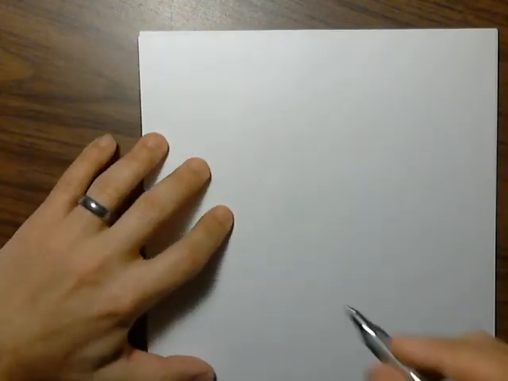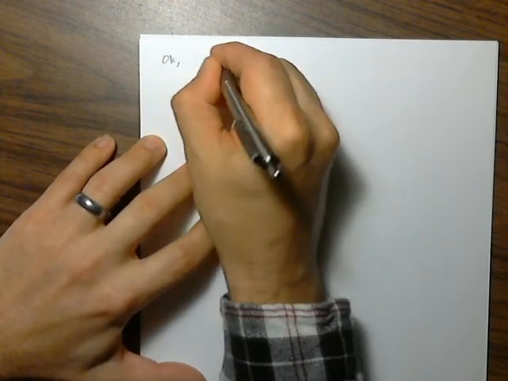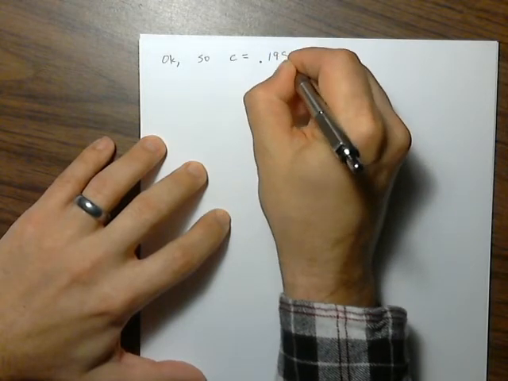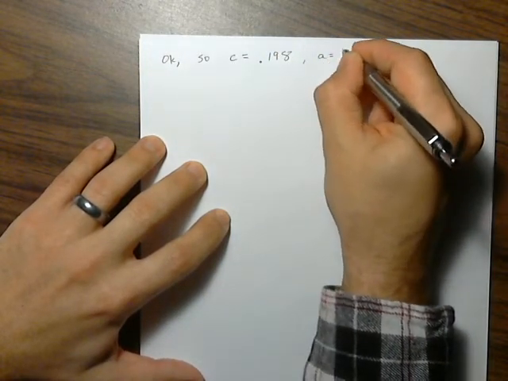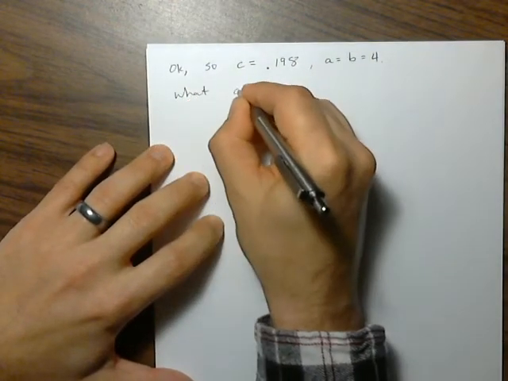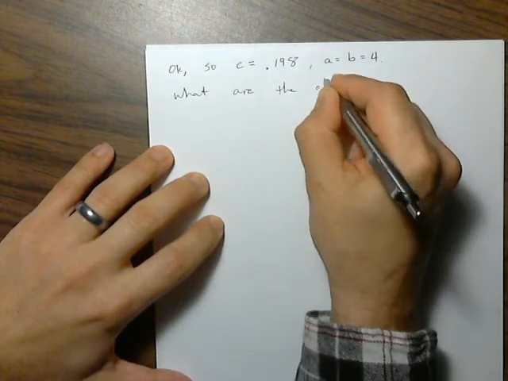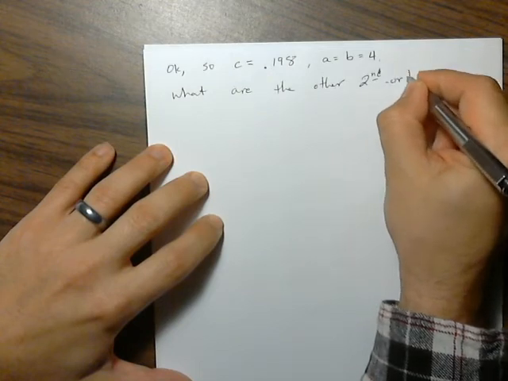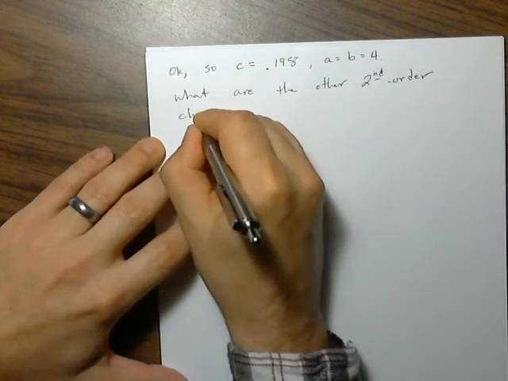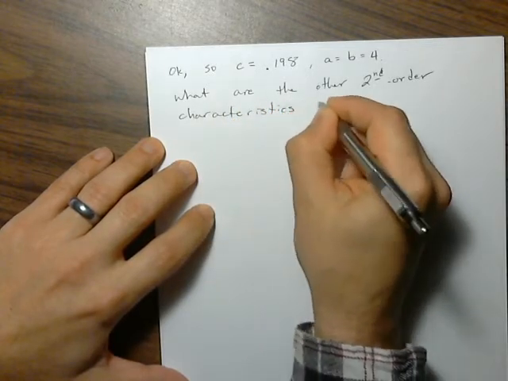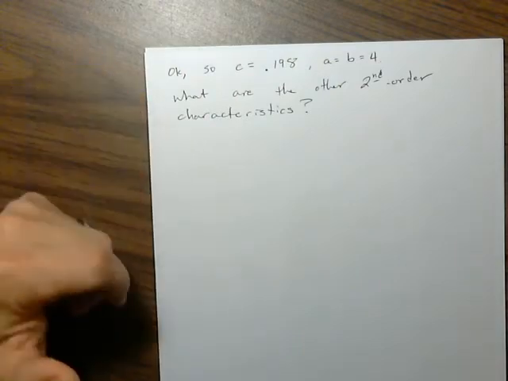So now that we've got C, what are the other second order characteristics?